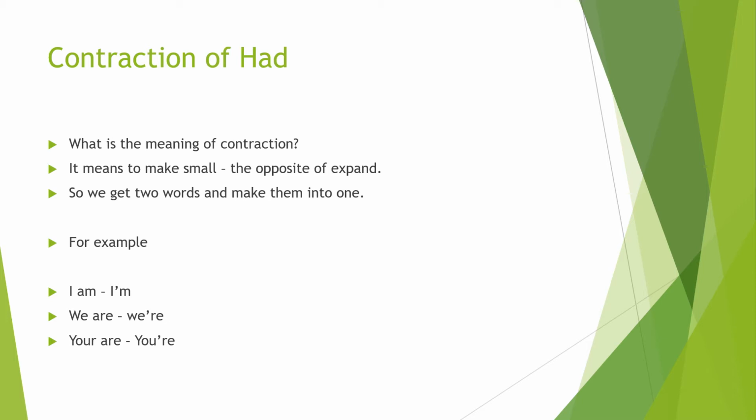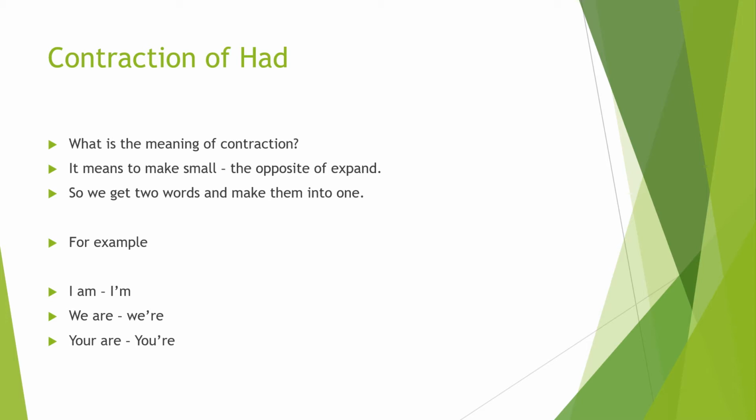Page 106. So, contraction of had. First of all, what is the meaning of contraction? So it means to make something small, the opposite of expand. So in this instance, when we're talking about English grammar, it's when we get 2 words and we make them into one.